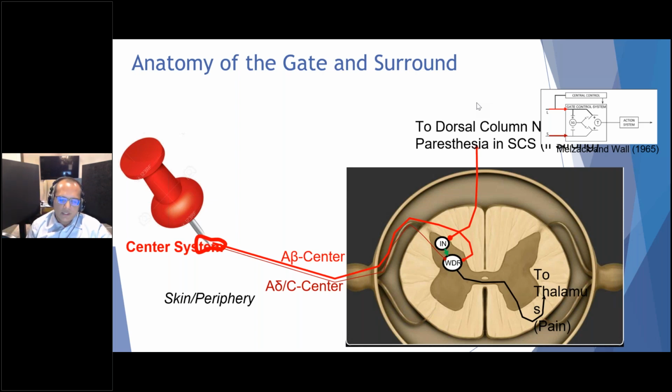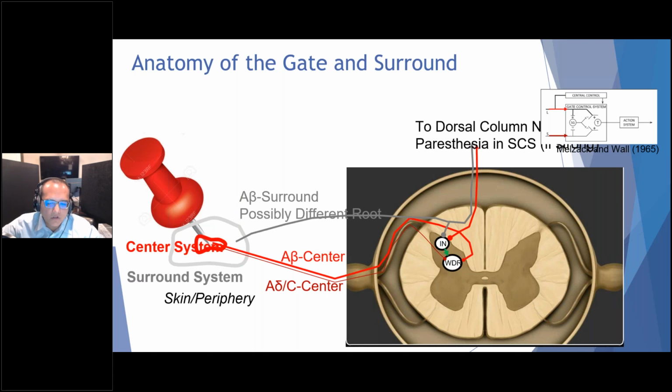Said another way, the patient is still sensing pain, but by stimulating the A beta fibers, they're feeling paresthesia overlap, which dampens their sensation or perception of pain. That's classic, standard spinal cord stimulation theory, as discussed by all my previous speakers.